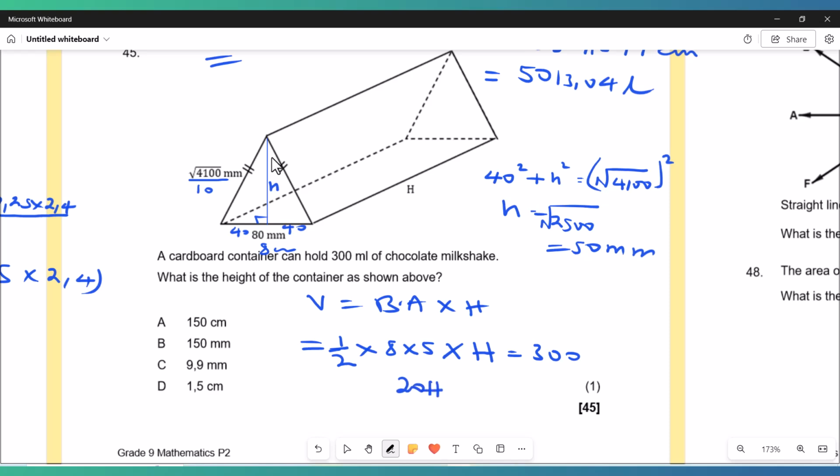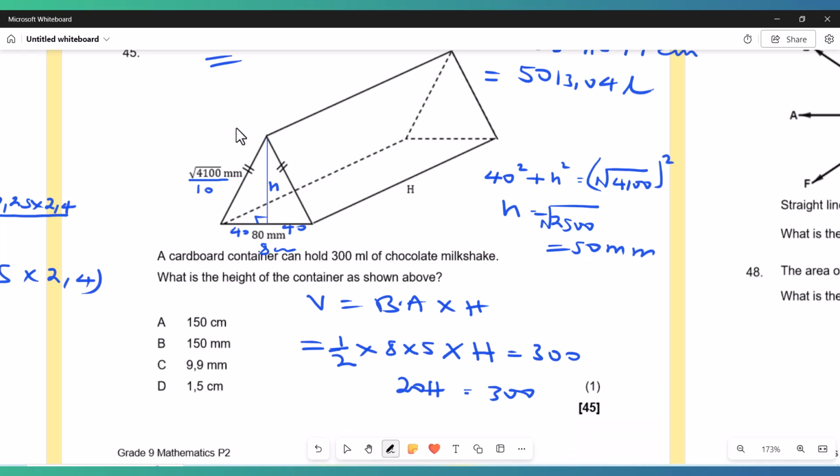20h equals 300, so divide by 20. 300 divided by 20 gives us 15 centimeters.